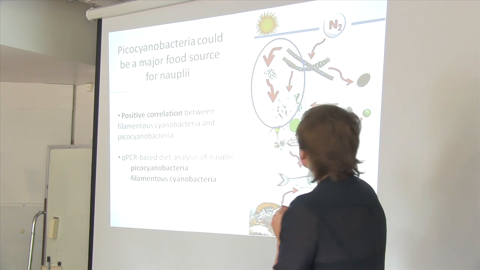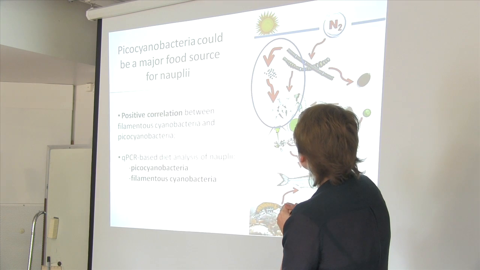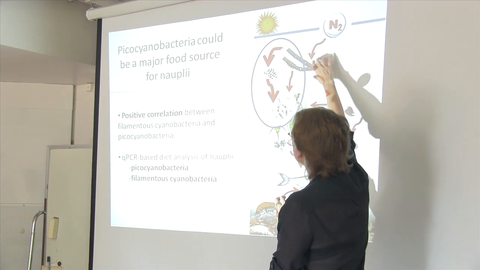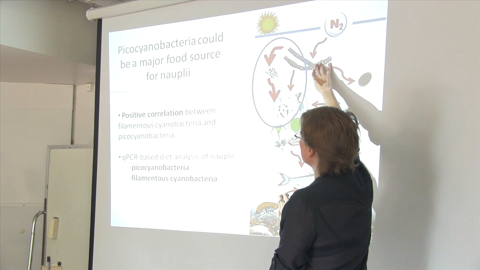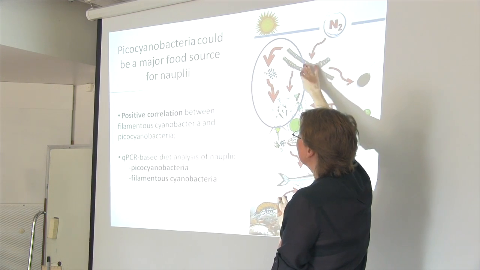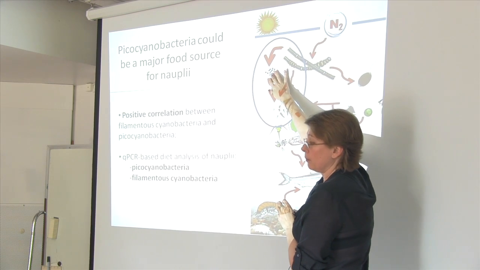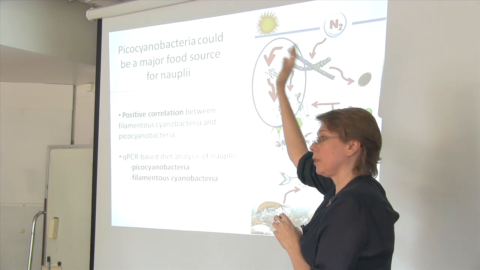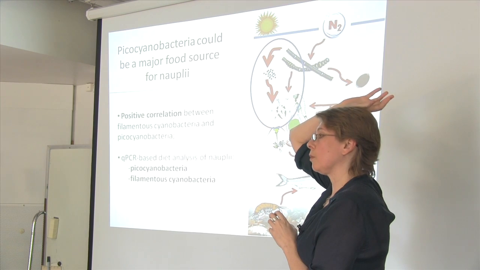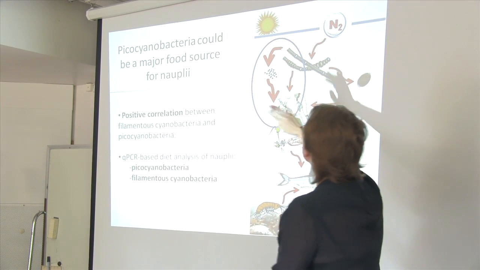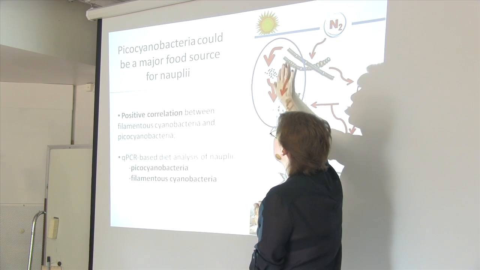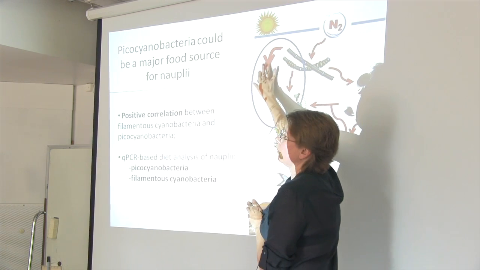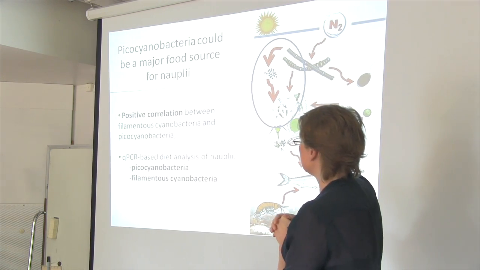But what can happen in a system is that filaments take up extra nitrogen. They get rid of this extra nitrogen by releasing it in the form of either dissolved organic nitrogen or dissolved organic carbon. And this fuels the bacterial and picoplankton production in the system.